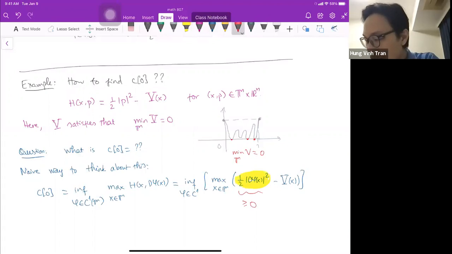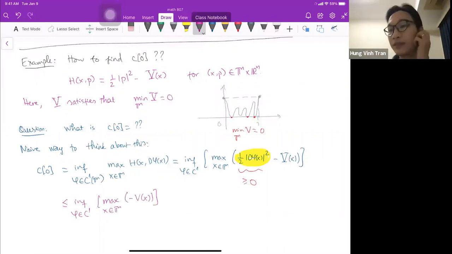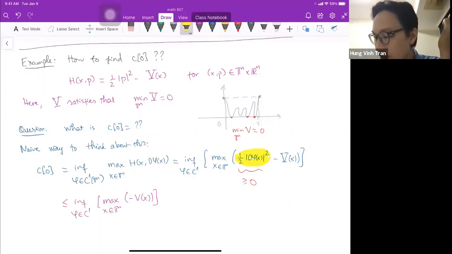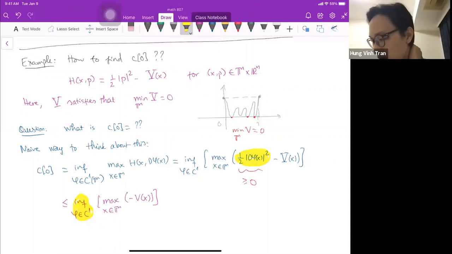If I throw it away, then this is going to be less than or equal to, because I'm throwing it away, the infimum over all phi in C1 and max of x in the torus of minus v of x. And you see that now this infimum doesn't play any role, because I have thrown away the term involving phi, so the inf over phi is negligible. That's gone.